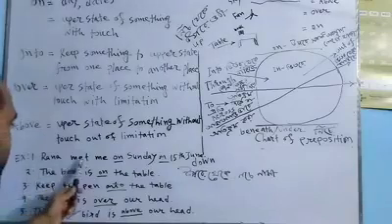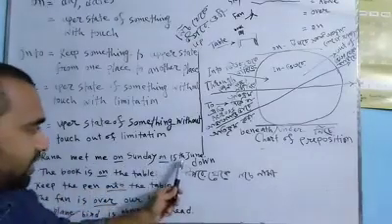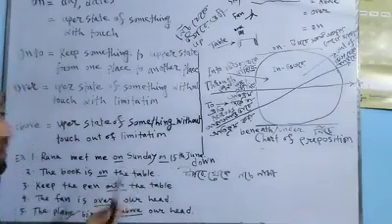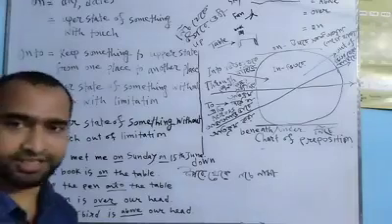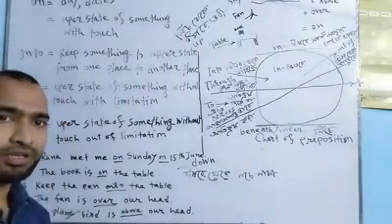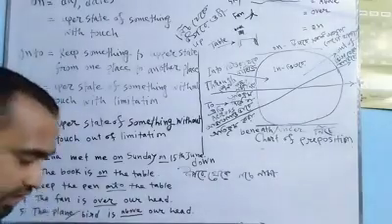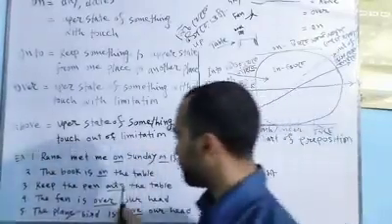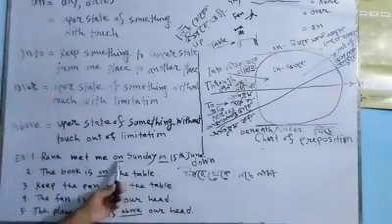Such as: Rana will meet me dash Sunday dash 15th June. Here Sunday is a day. We know there are 7 days in a week: Saturday, Sunday, Monday, Tuesday, Wednesday, Thursday, Friday. Before these 7 days, we have to use the preposition on. For this reason, before Sunday, we have to use the preposition on.